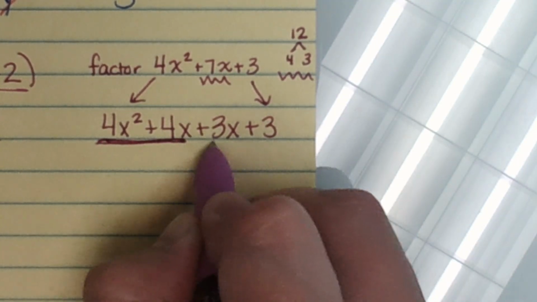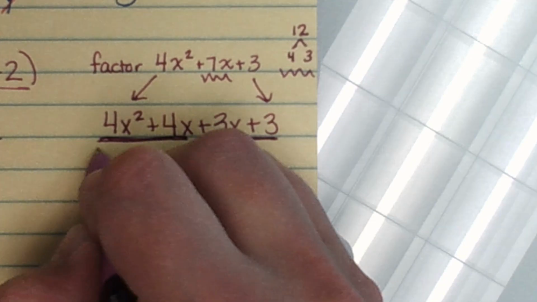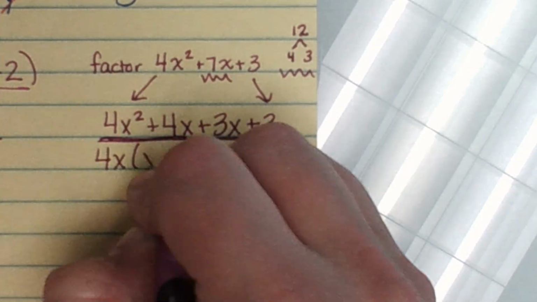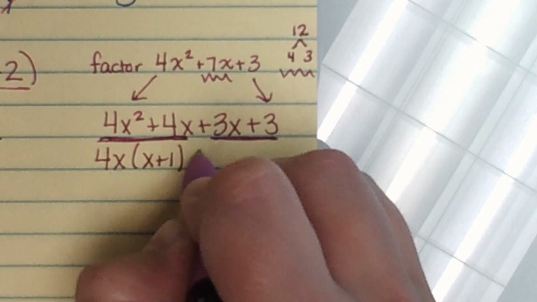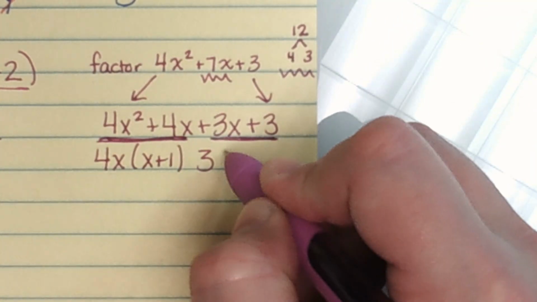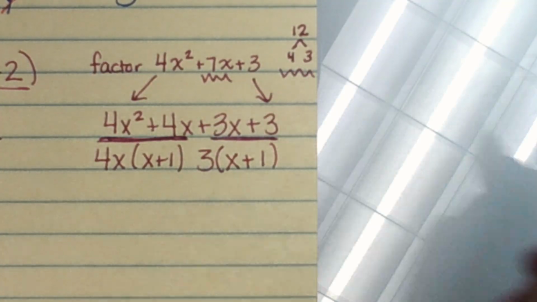I have to factor by grouping. I break into the 2 halves. The first half I can factor out 4x, leaving me with x plus 1. The second half I factor out a 3. How do I know if it's positive or negative? The parentheses gotta match. If I divide by 3, I'll get positives and it will match.